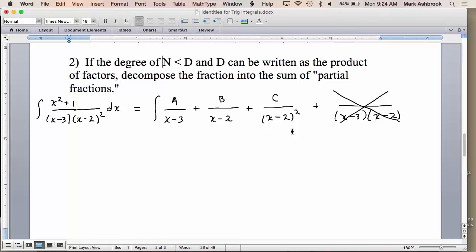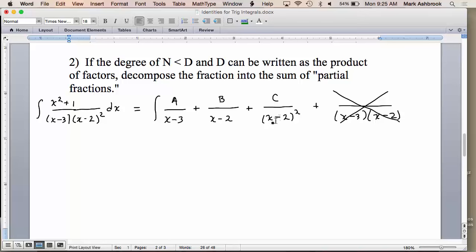Now, one thing I didn't say last time was these numerators always need to be 1 degree less than the denominator of that partial fraction. Okay? So what about this one?